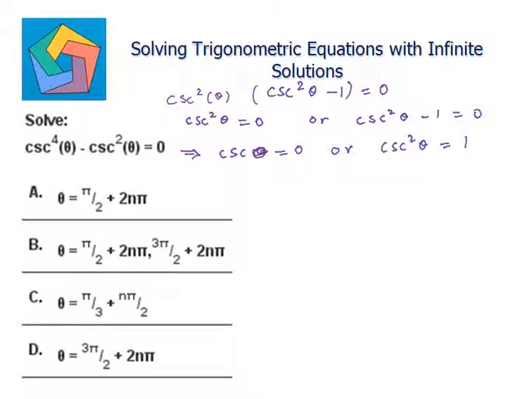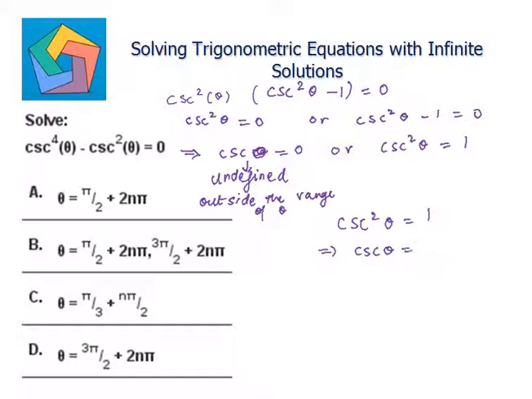When cosecant theta is 0, this is undefined because it is outside the range of cosecant. So we can say cosecant square theta is 1, which implies cosecant theta is equal to 1, which implies theta is equal to cosecant inverse 1.